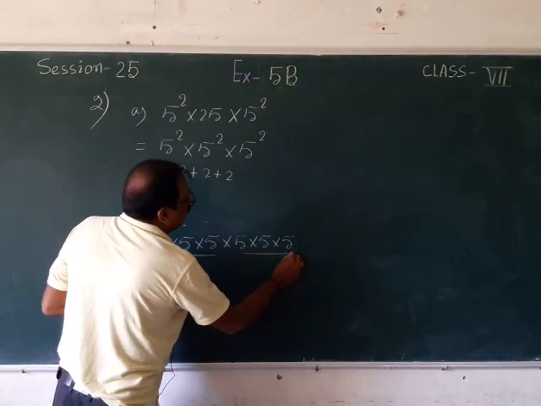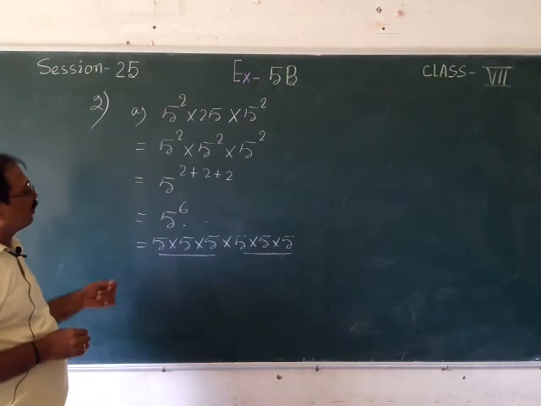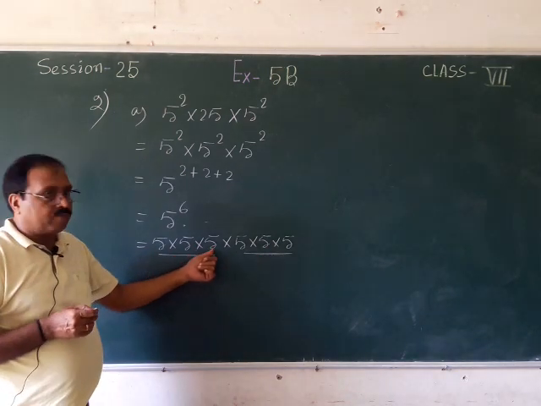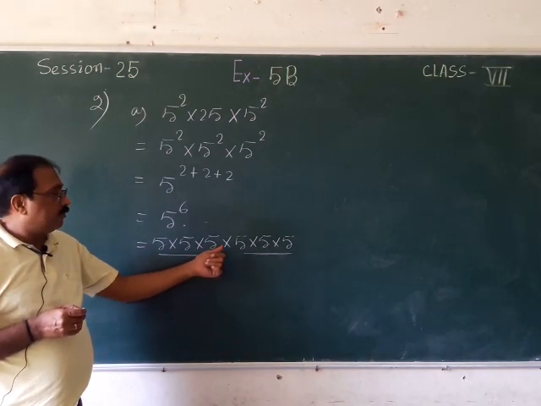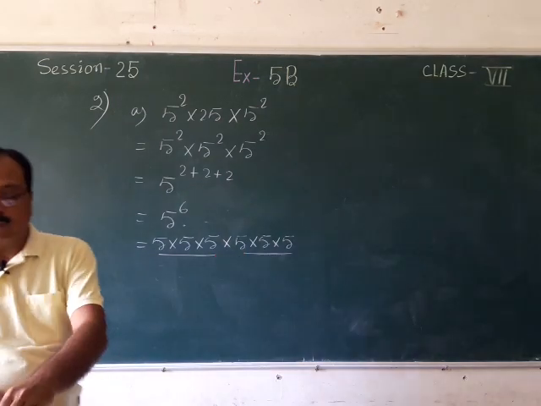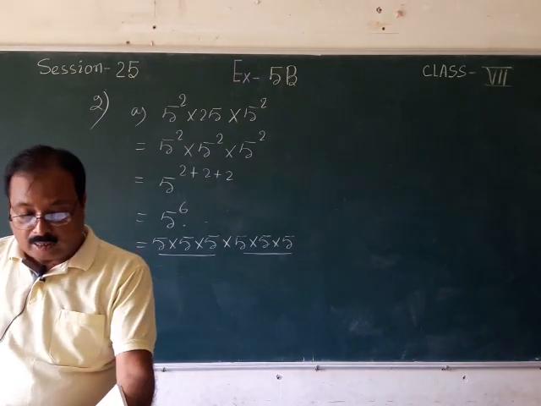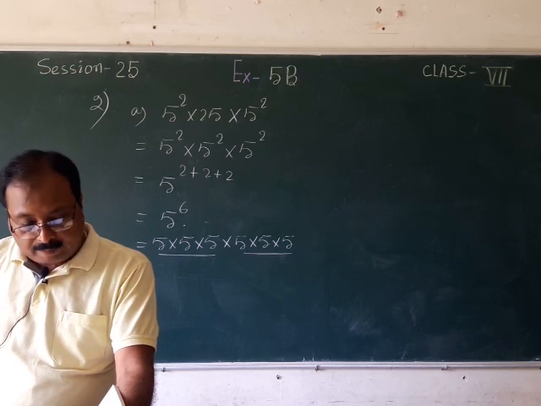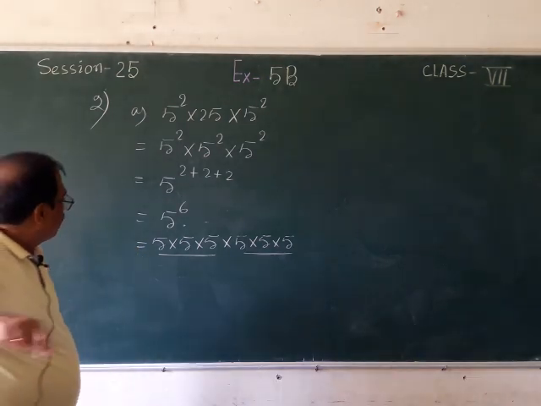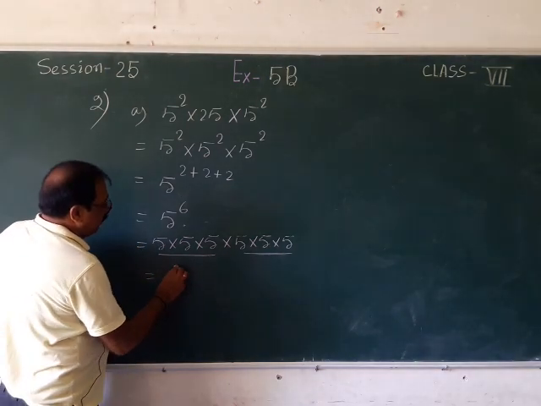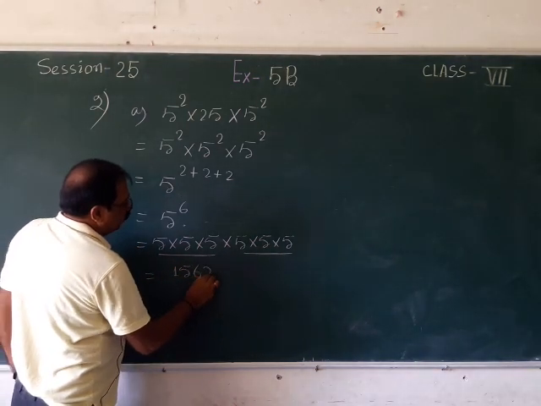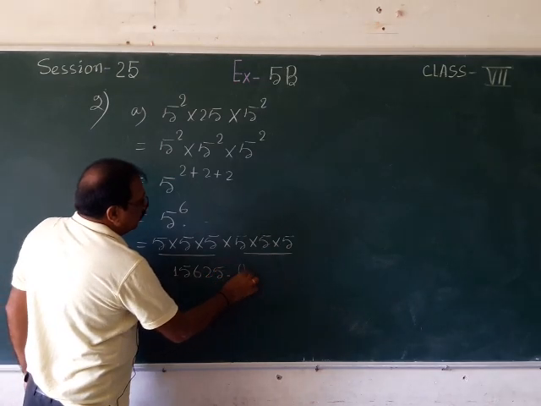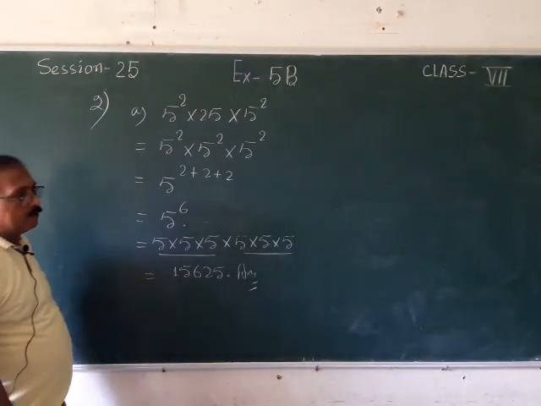Now 125 into 125, make the group: 5 5s are 25, 25 5s are 125, and here also 125. So you do 125 into 125, and after multiplying you will have your answer, that is 15625. Like that you have to multiply and write your answer.